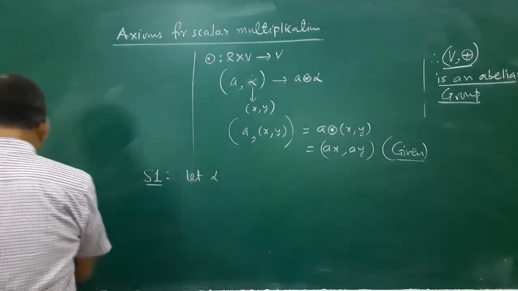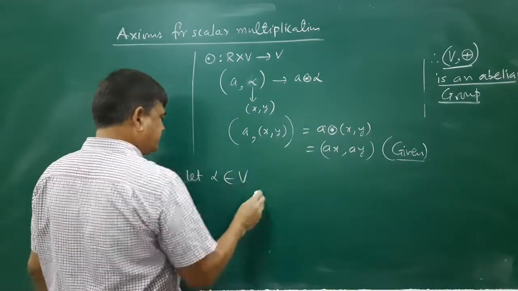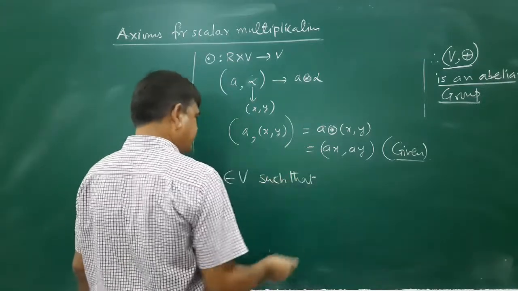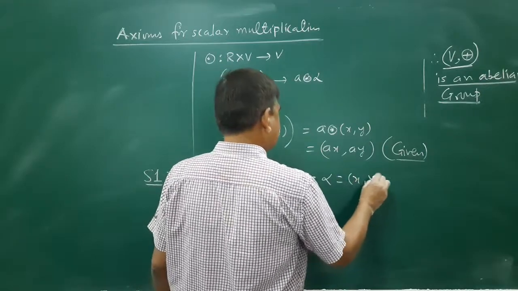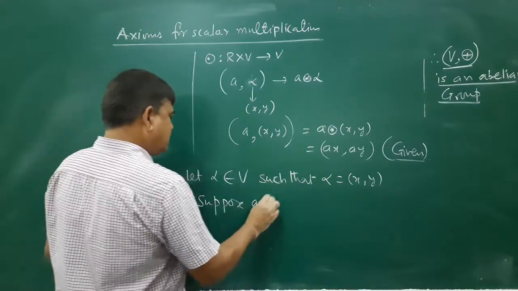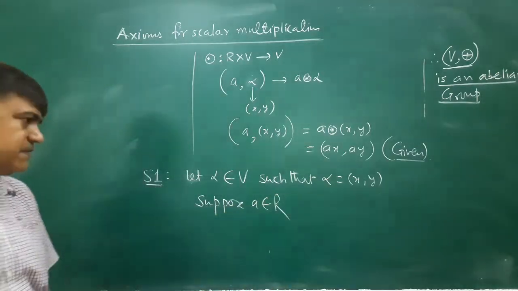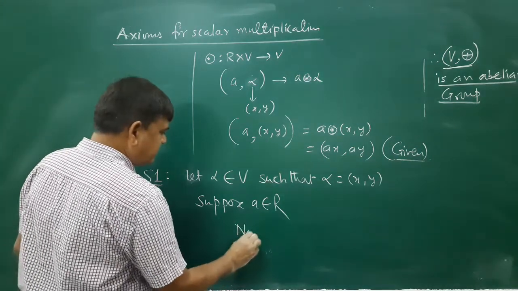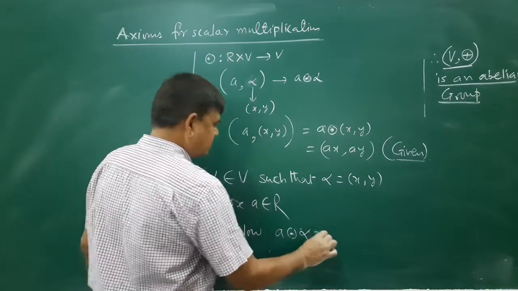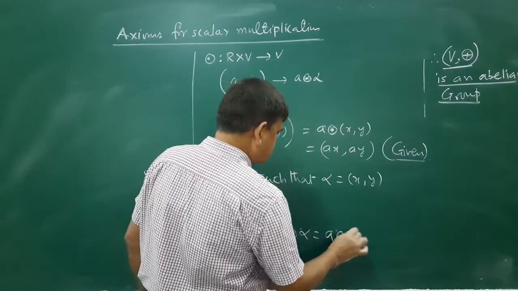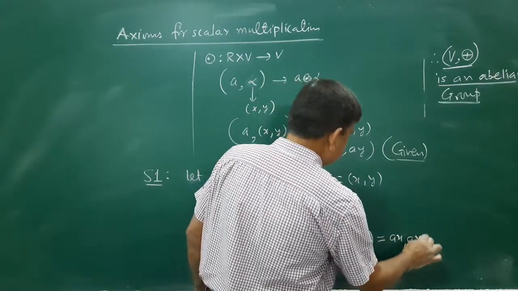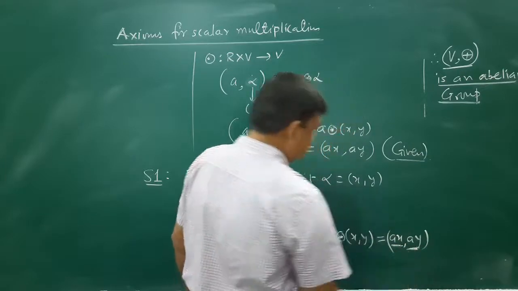Let alpha belongs to V such that, suppose A belongs to scalar. Now by definition, this is a real number, this is also a real number.